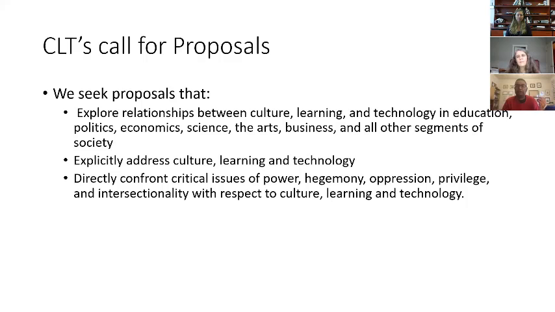There has to be some kind of critical commentary that does address those issues of power and hegemony, oppression, intersectionality that we talked about. Great. Because I know that those kinds of questions come up too. Absolutely, absolutely.